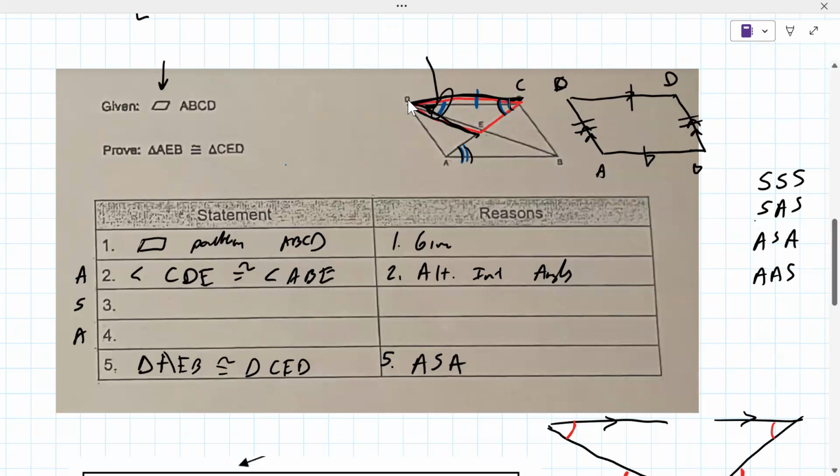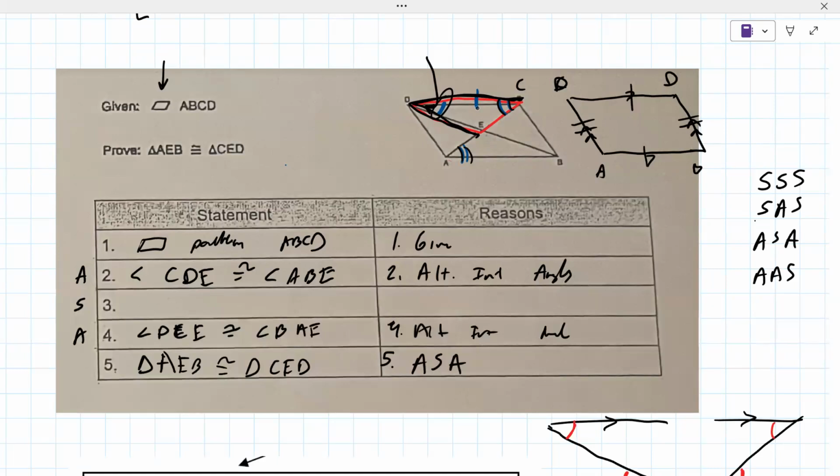You have to give me three letters for the angle, because we don't know if A is the big angle. It would be angle CDE, no, the vertex is the middle letter, so I'll help out here. It's DCE, congruent to DAE, and that's alternate interior angles.